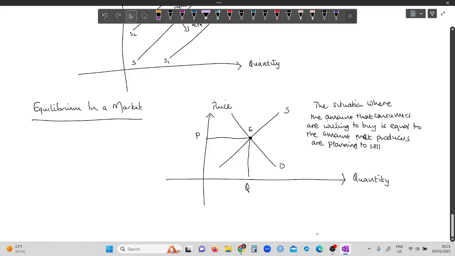This is what is known as the equilibrium price and the equilibrium quantity. Voilà.